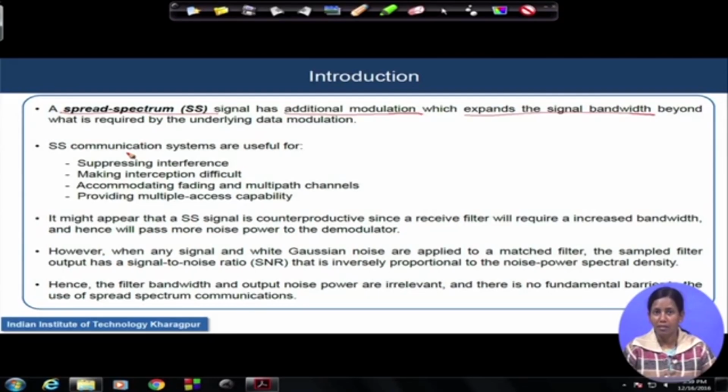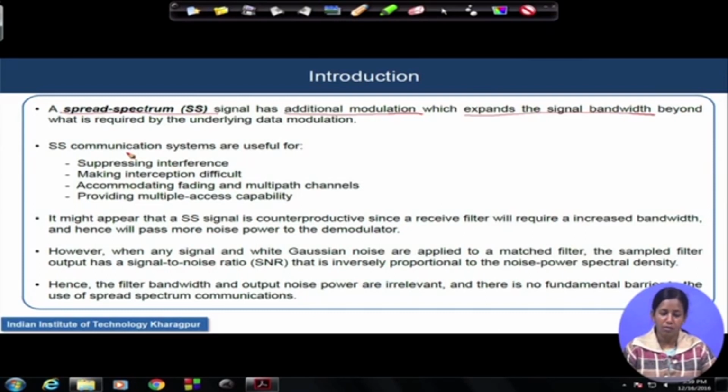A lot of questions immediately start: why should we communicate with a bandwidth which is more than the required bandwidth? Are we getting some key benefits by doing this? And if yes, what are those benefits?